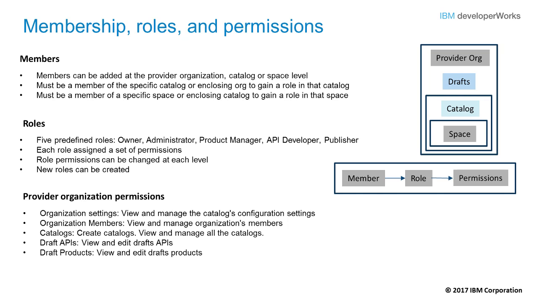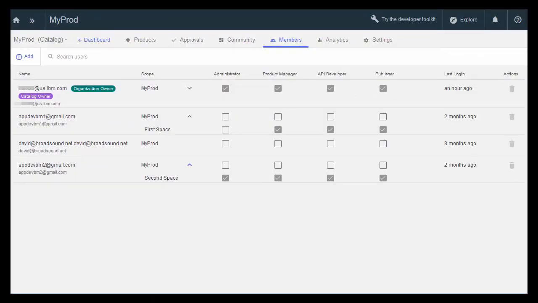The API Connect administrator decides what members can be added, what roles they have, and what permissions each role has. Here you see the various members, their roles, and which space that they are assigned to.